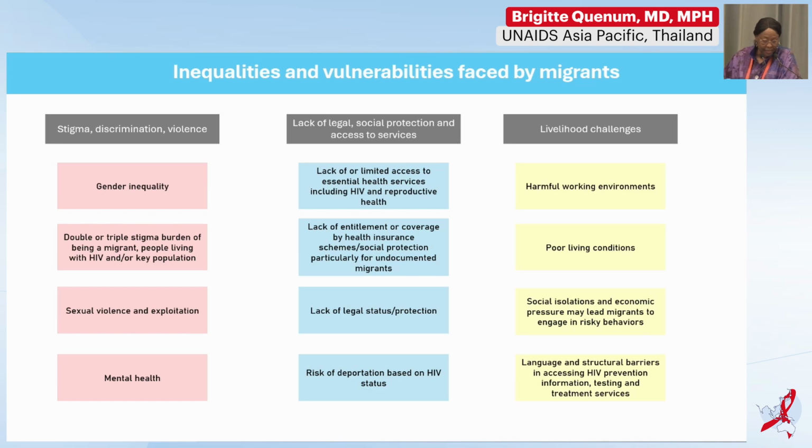You can see that you have stigma and discrimination, violence, and on the left side of the slide, you can see one of the boxes that shows the double or triple stigma burden of being a migrant, a person living with HIV, and or a key population.